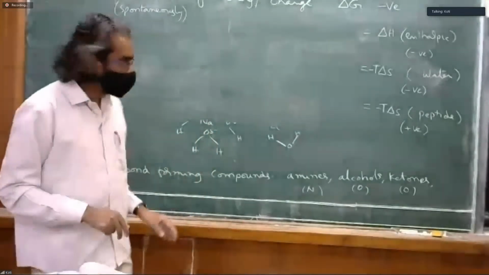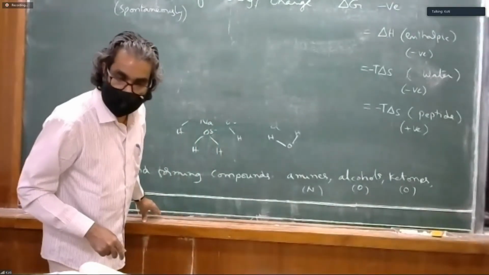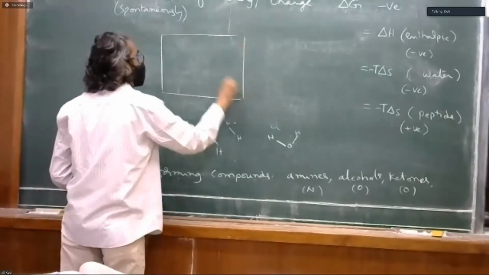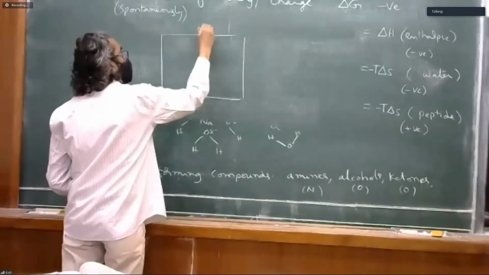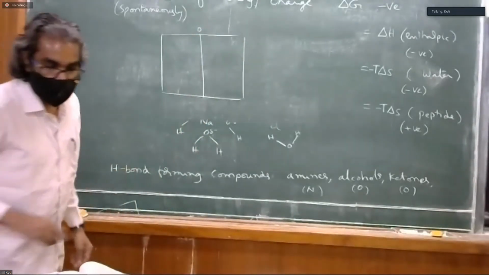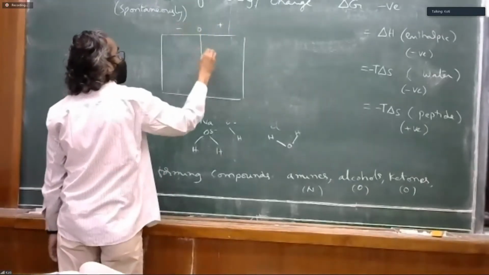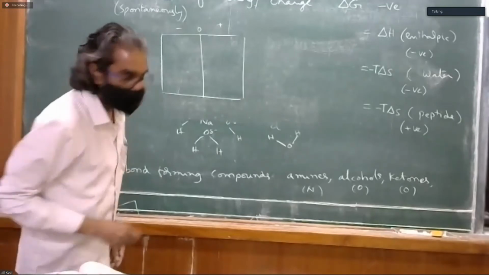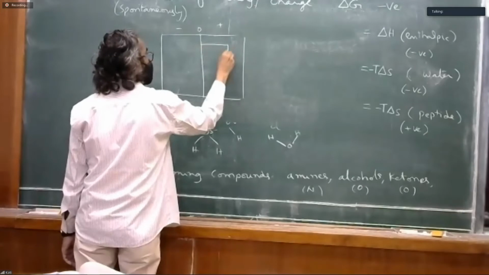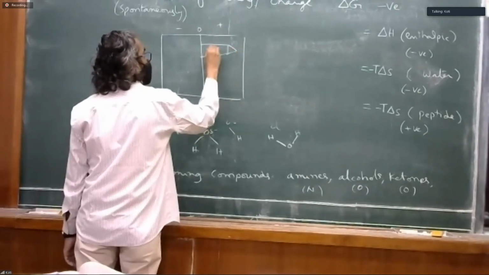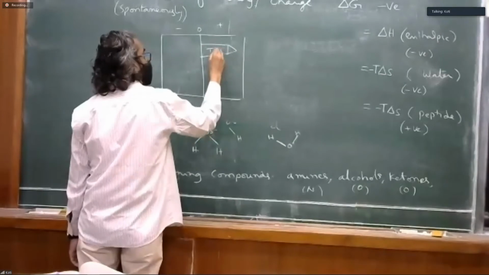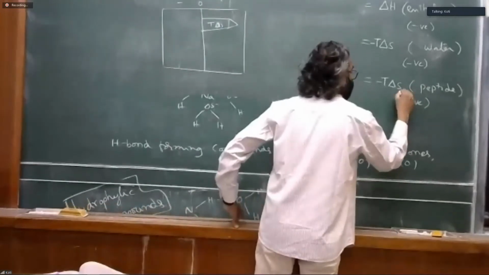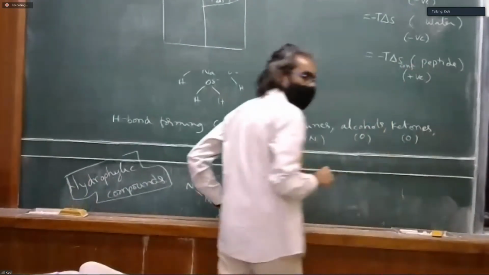Pictorially, one can represent the signs. Let's say that's your 0, this side is positive and this side is negative. So your T delta S of peptide, sometimes you can write this as conformational entropy.